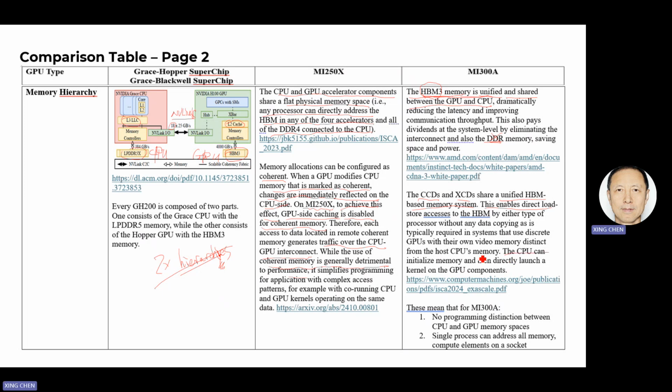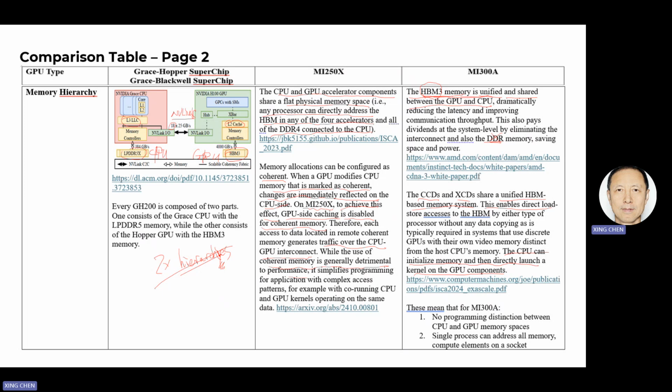The CPU can initialize memory and then directly launch a kernel on the GPU components, because the memory is shared by the CPU and the GPU. If you remember, for the traditional systems, we have to copy the data from the host to the GPU for the GPU to work on it.